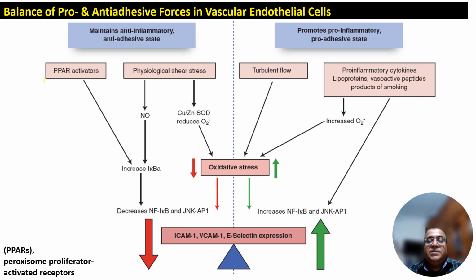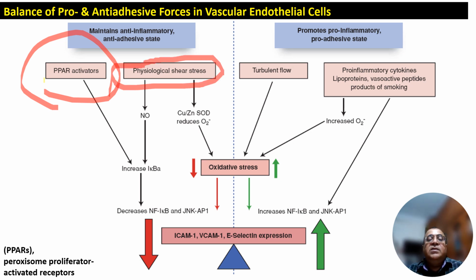There is regulation of these peroxisome proliferator-activated receptors, and the physiological stress is under control, which reduces the oxygen radicals, so the oxidative stress is less, and also the inhibitory kappa B alpha is increased.